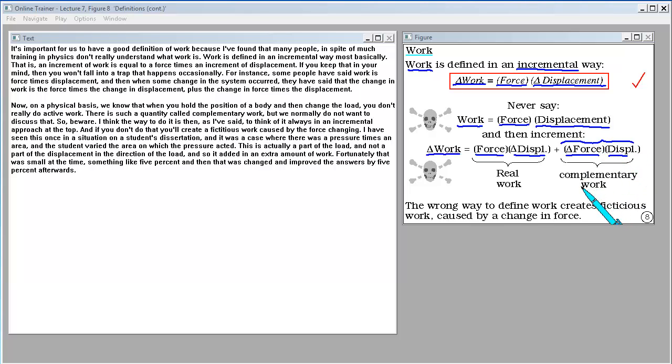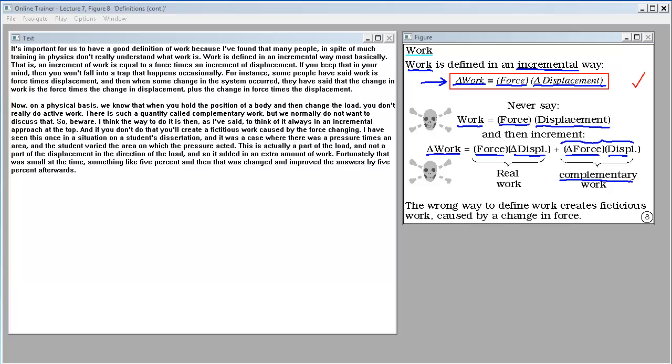There is such a quantity called complementary work, but we normally do not want to discuss that. So beware. I think the way to do it is to think of it always in the incremental approach at the top. And if you don't do that, you'll create a fictitious work caused by the force changing.